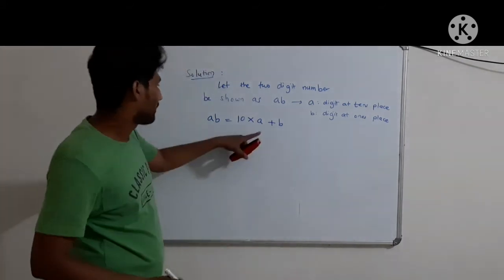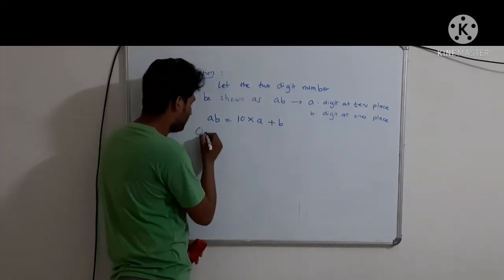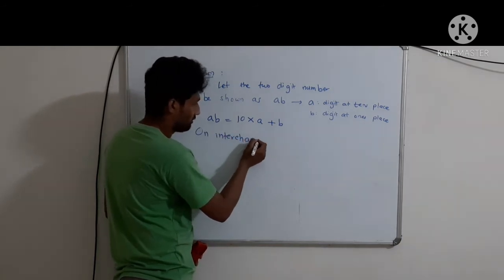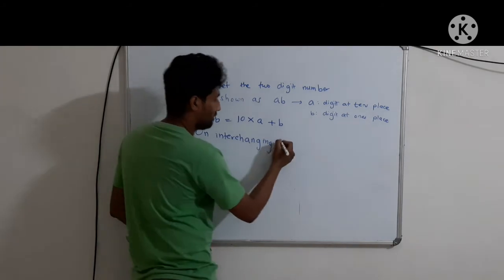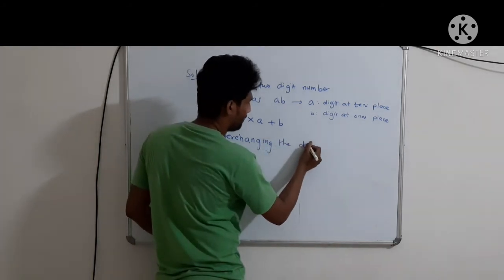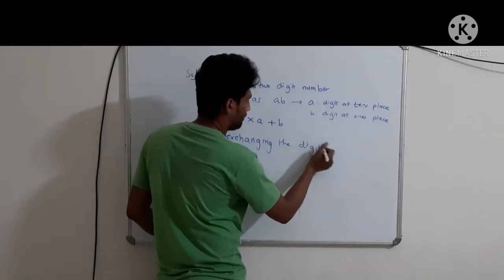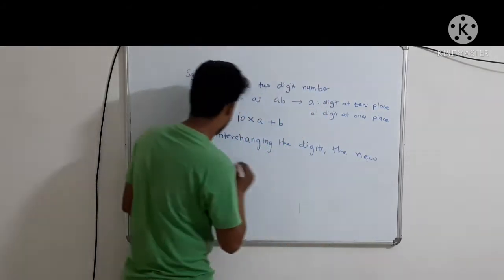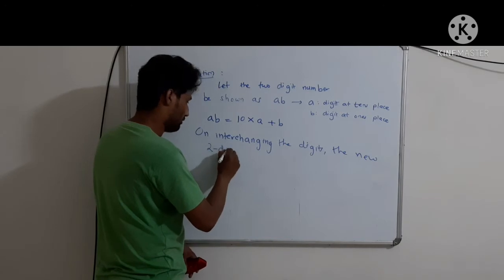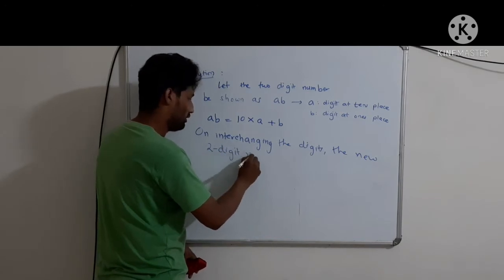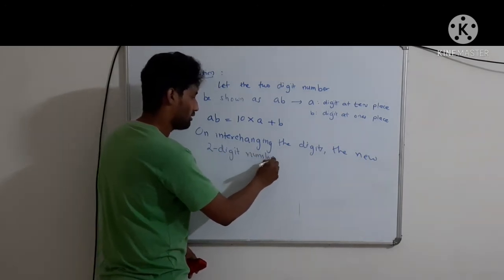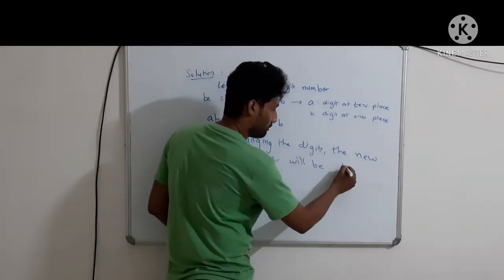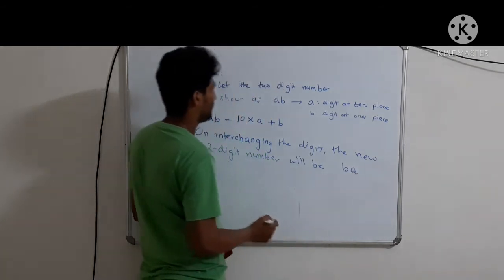On interchanging the digits, the new two-digit number will be BA, right?